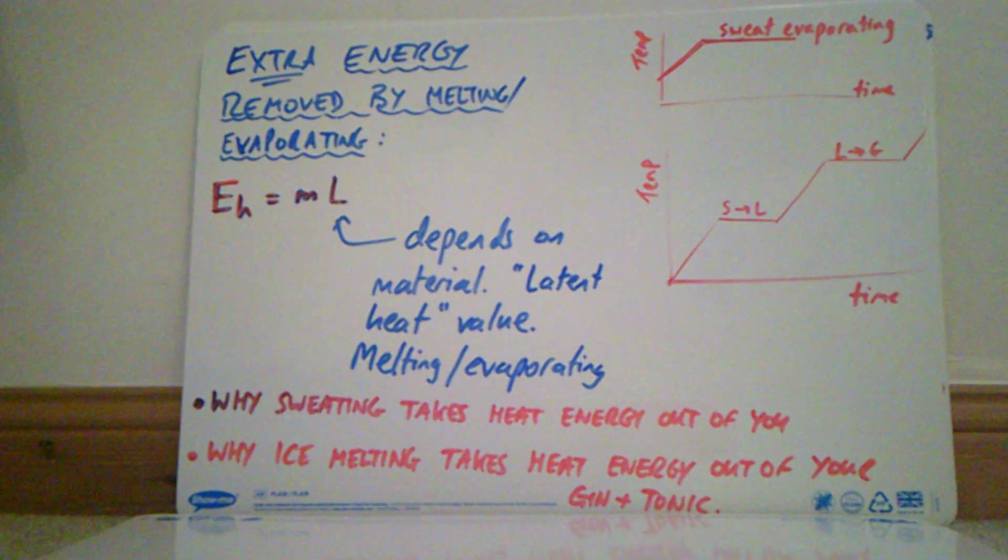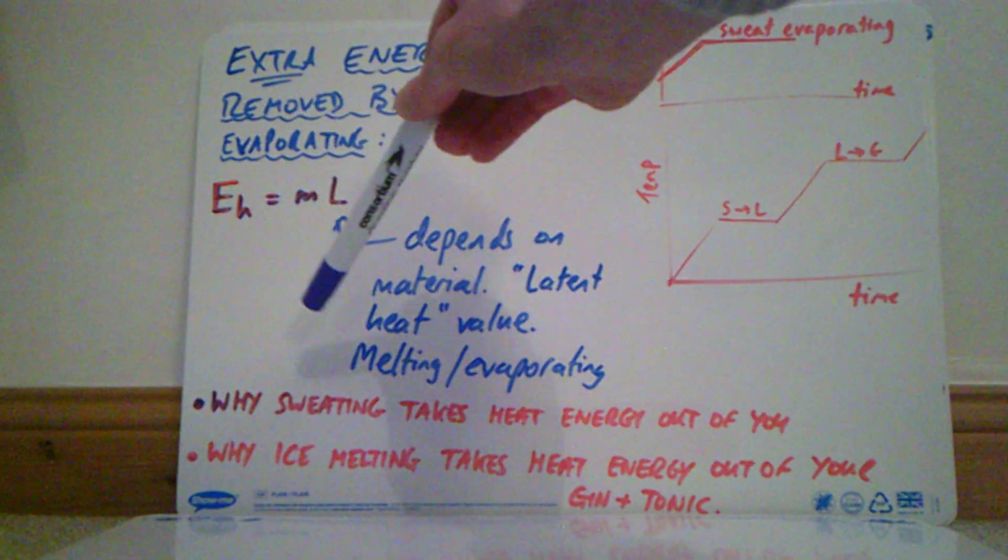When you are melting something, it takes extra energy, so that takes heat energy out of something. Similarly, when you're vaporizing something, that takes heat energy out of the surroundings because it needs extra heat energy. So this is why sweating works. Lovely example.